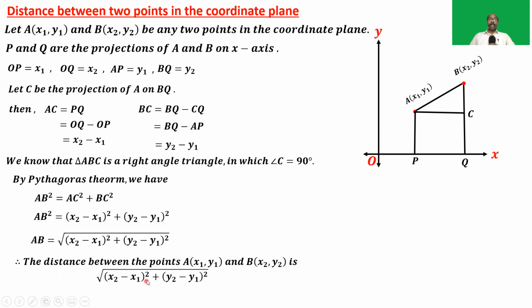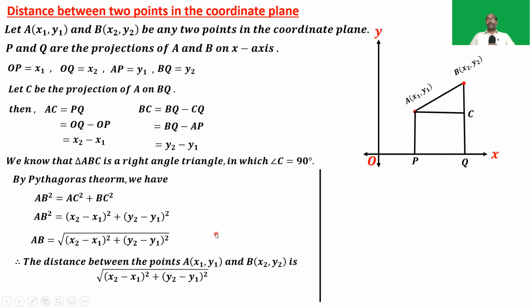Okay, as there is square, we can take here x2 minus x1 or x1 minus x2. Similarly, here y1 minus y2 or y2 minus y1. So the distance between 2 points can be written as under root (x1 minus x2) whole square plus (y1 minus y2) whole square also.